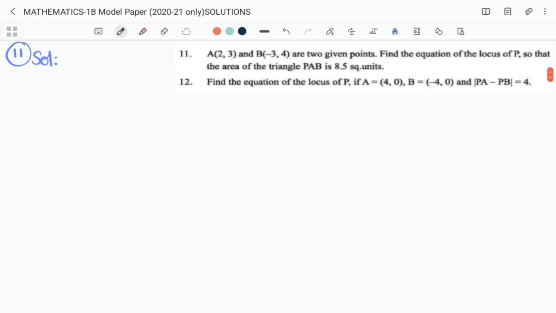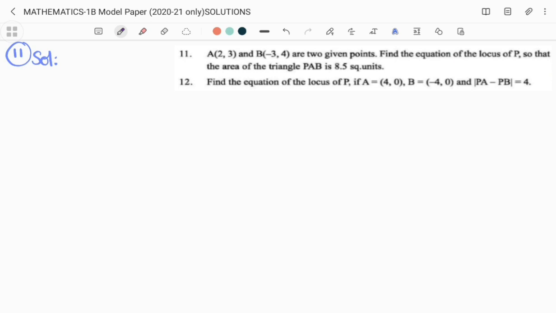11th question. A of 2 comma 3 and B of minus 3 comma 4 are two given points. Find the equation of locus of P so that the area of the triangle PAB is 8.5 square units.